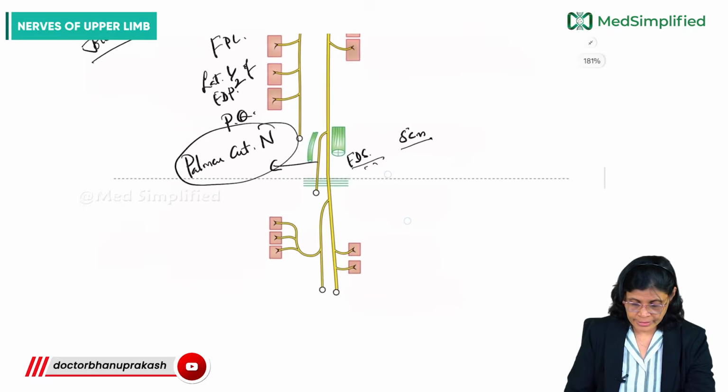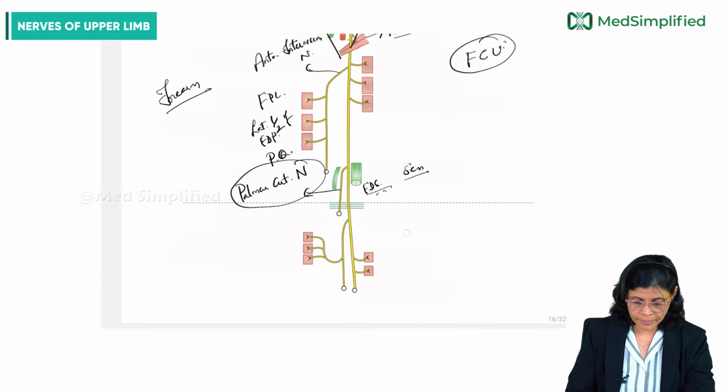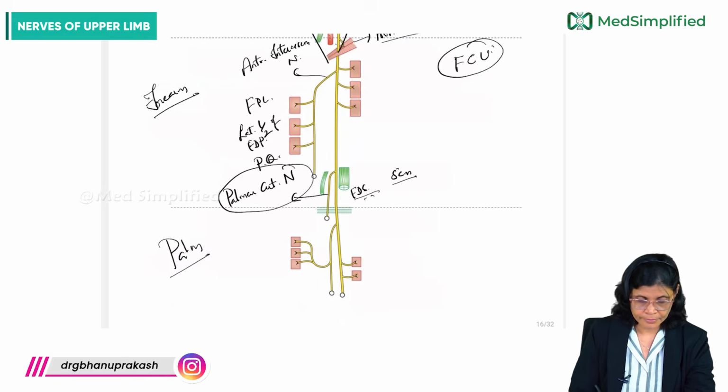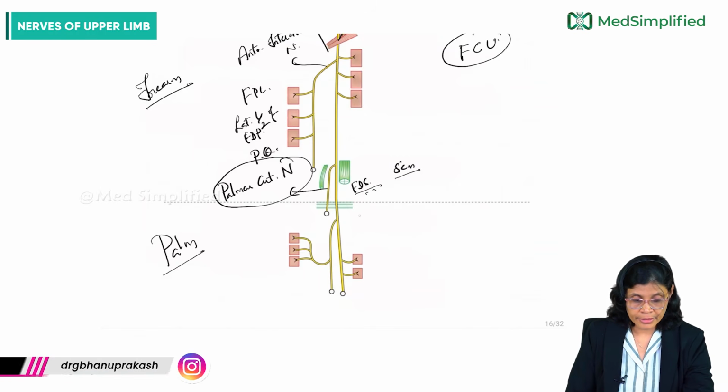And next, in the palm, so that was the course in the forearm. Then coming to the palm, once it enters the carpal tunnel and enters the palm, it will divide into two divisions, the lateral division as well as the medial.